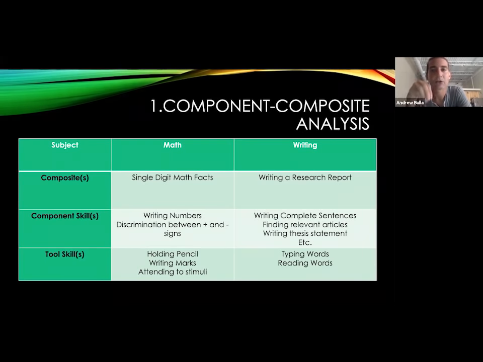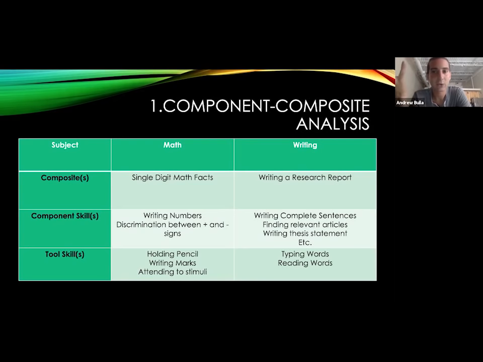Now, I'm not going to grow in my component skills unless those tool skills are firm. So tool skills of the component skills are holding a pencil correctly, writing marks, attending to stimuli, so visually attending to stimuli. I need all of those tool skills to be firm to have growth on my component, and growth on my component is going to predict growth on my composite.